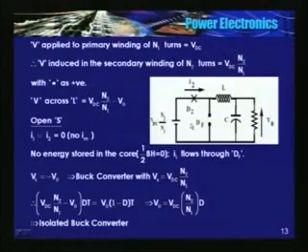Here the forcing function is the voltage induced in the secondary, whereas in a buck converter the voltage forcing function is the input voltage source itself, VDC. Here the forcing function is VDC into N2 divided by N1. Okay. What happens when I open the switch?